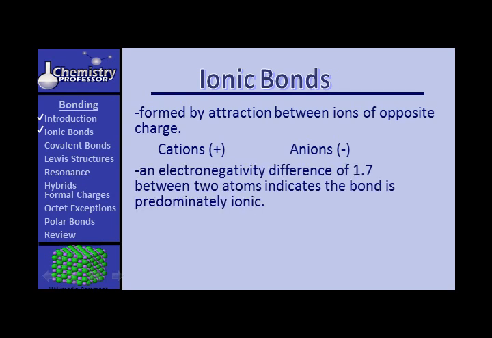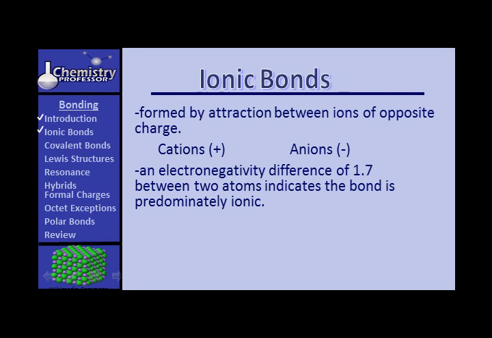And our rule of thumb says that if we have a difference in electronegativity values of 1.7 or greater between two elements, or between two atoms, in this case it would be between two ions, it will indicate the bond is predominantly ionic. So look it up on the table if you're ever uncertain.